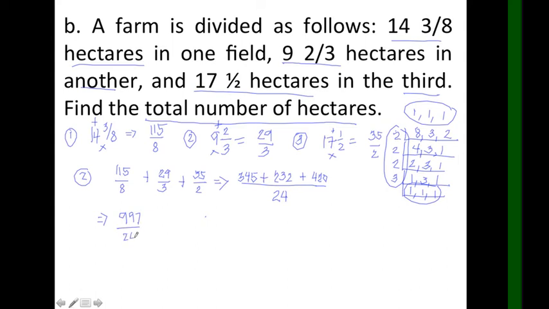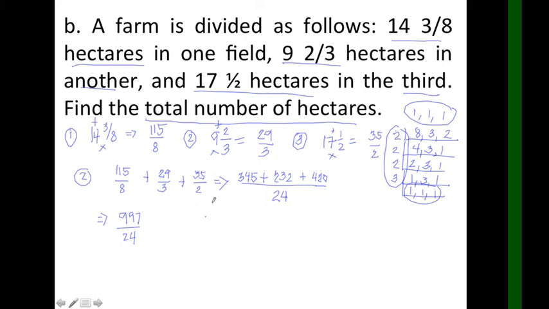So let's divide 997 by 24. So we have 997, divide mo siya ng 24 using your calculator. The answer is 41 point something, right? 41 point something.